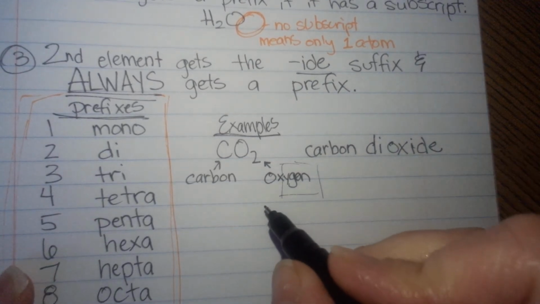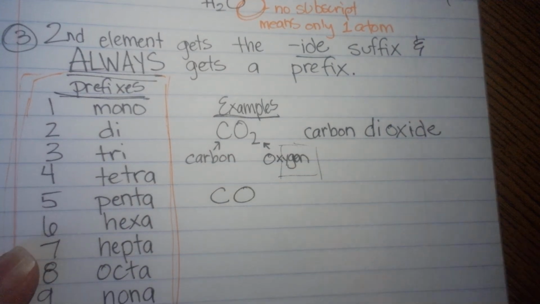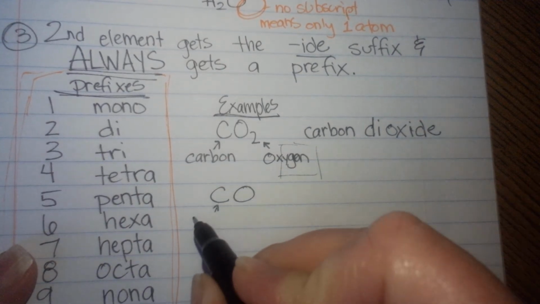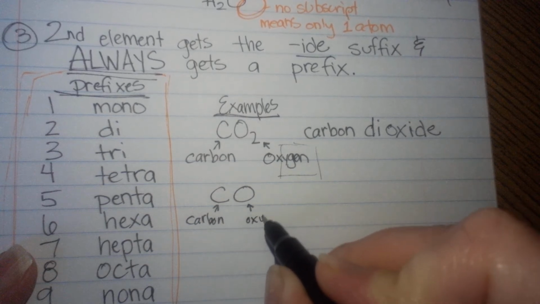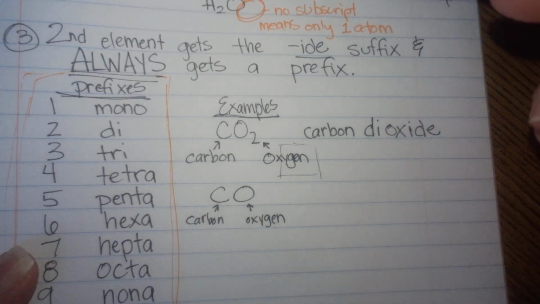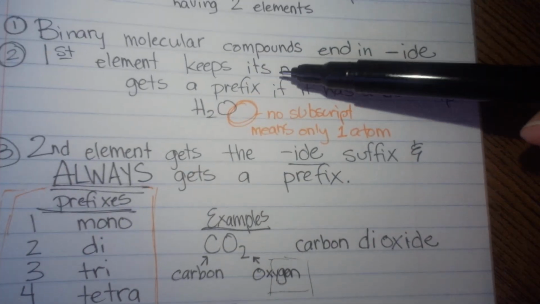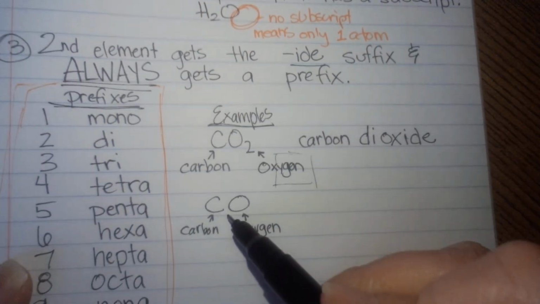Alright, let's do another one. We're going to use the same elements, alright? So C is carbon. O is oxygen. Go back to our rules. The first element keeps its name, but gets a prefix if it has a subscript.